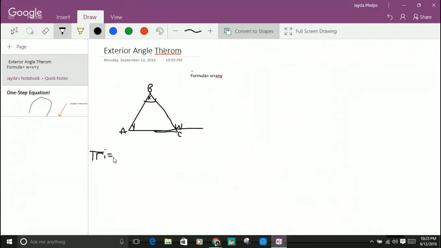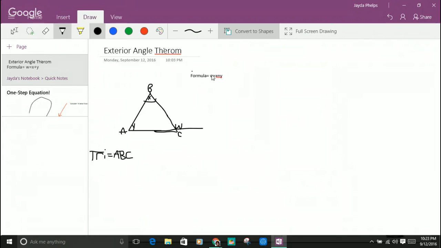So the triangle is ABC. I hope that I made that pretty clear. If you don't understand, you can pause or rewind anytime in this video. But the triangle's name is ABC.